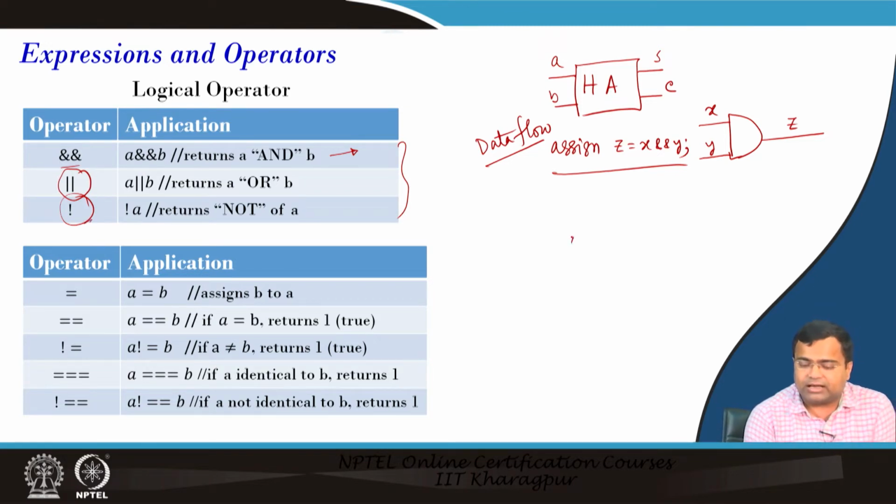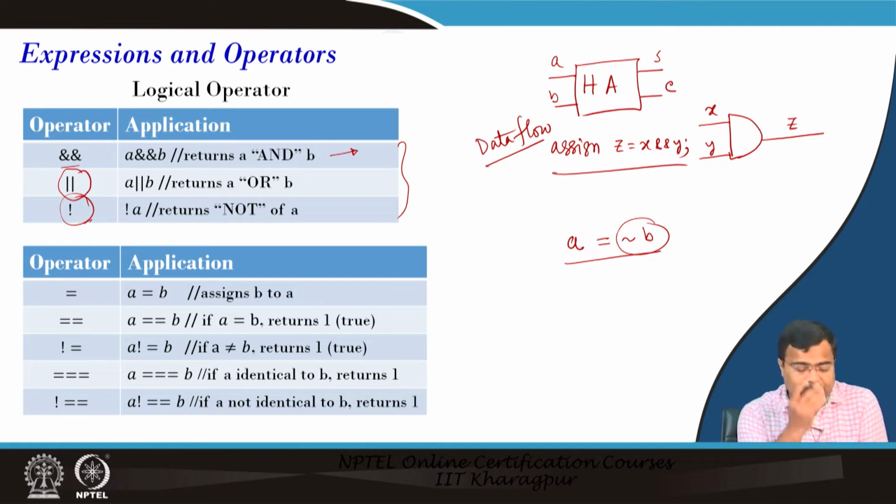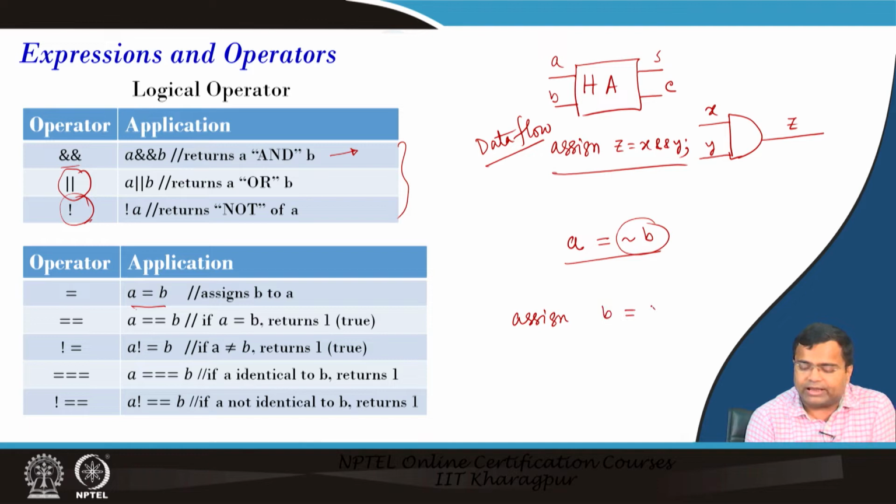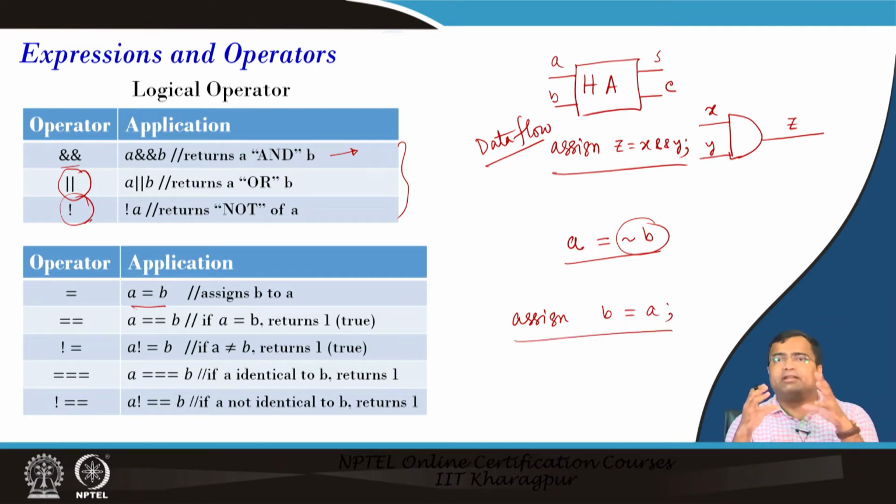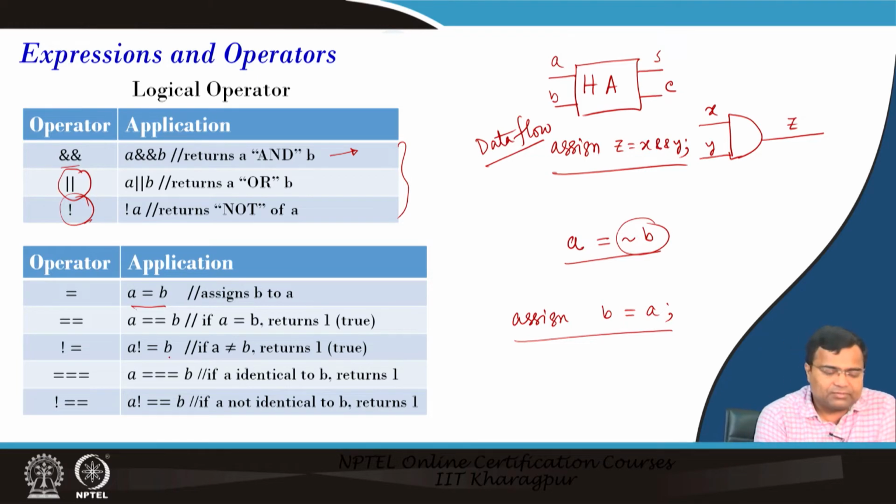That means we can write, and we have already shown that, A equal to the inverse of B, this is also a NOT operation, bitwise. This is a logical operator. The other operation like A equal to B, that means assign A to B, which means A and B will take the value of A identically.